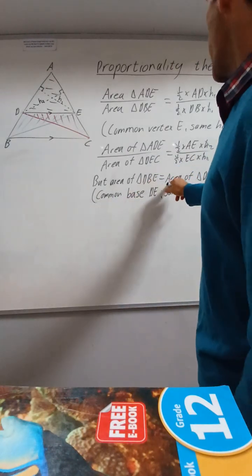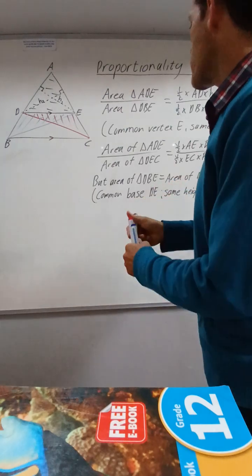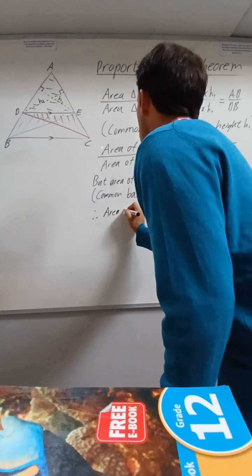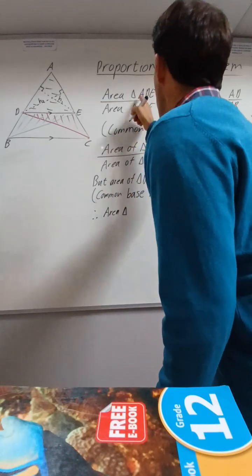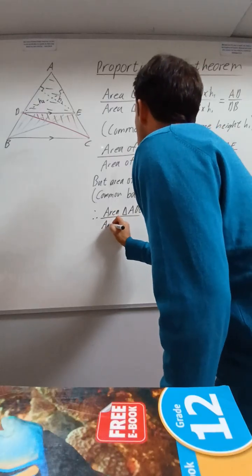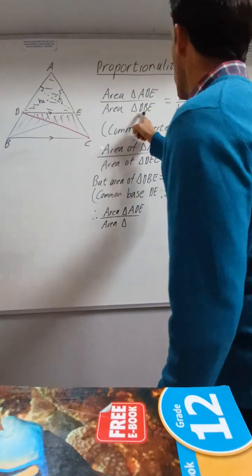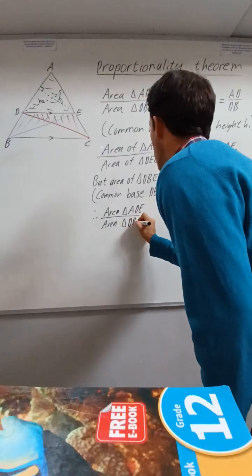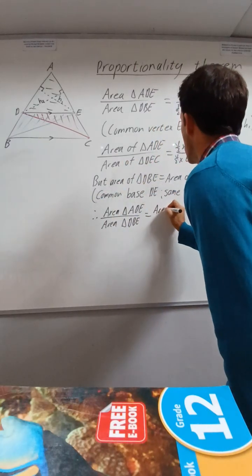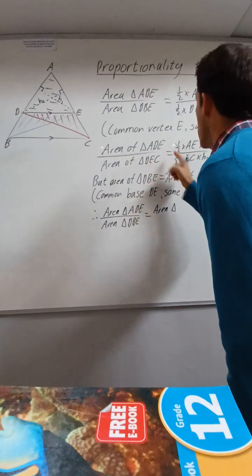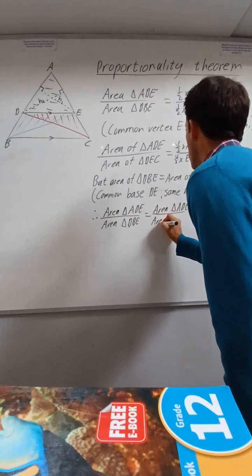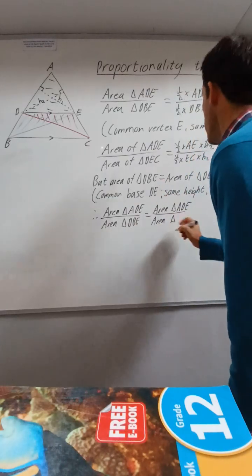So because these two triangles are equal, we can now say therefore area of triangle ADE over area of triangle DBE is equal to the area of triangle ADE again over area of triangle DEC.